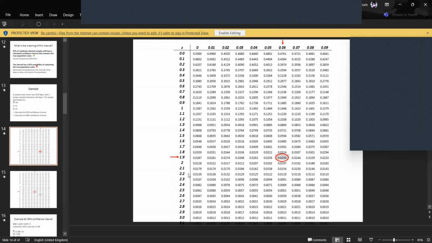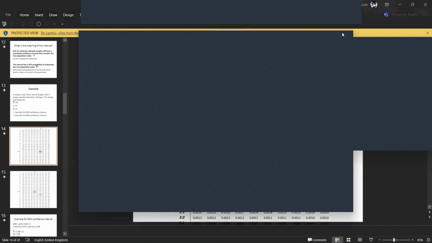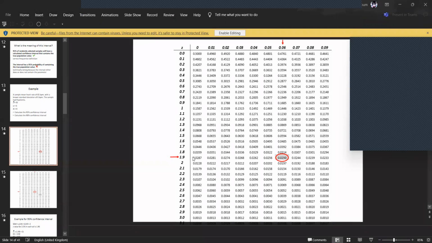Here's 0.02, here's 1.9. We look across. So we look at the Z value of 1.92, and you end up with a probability of 0.0274. Okay, so let's note that down.